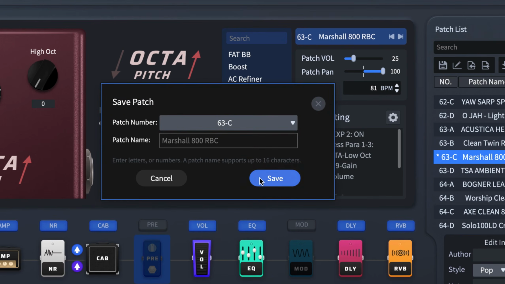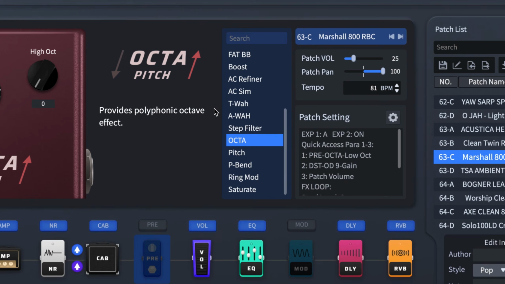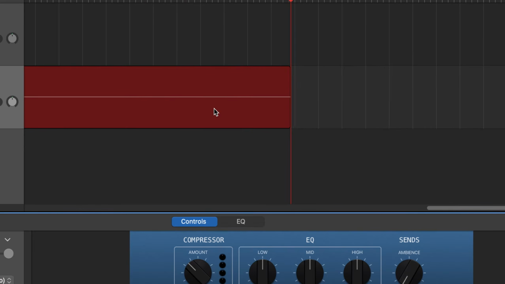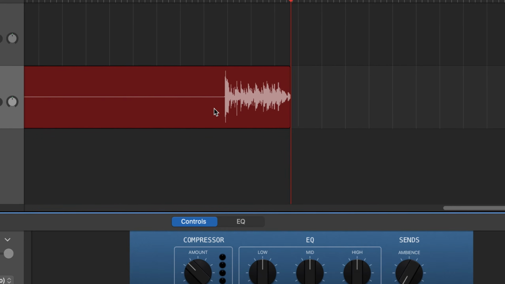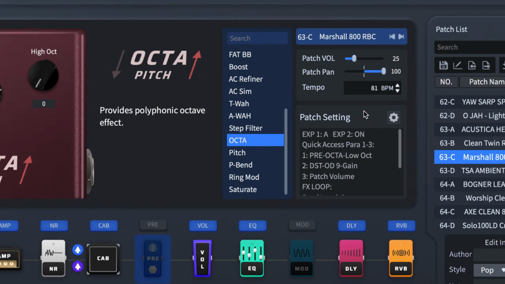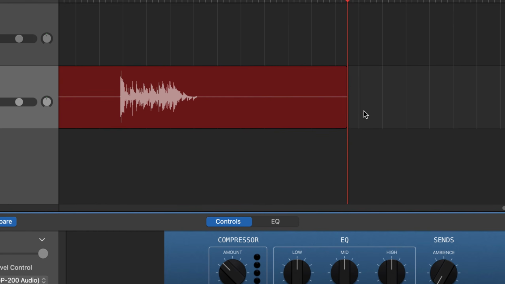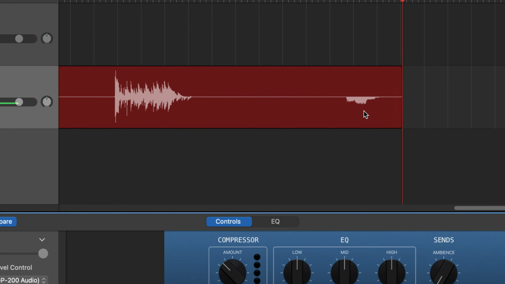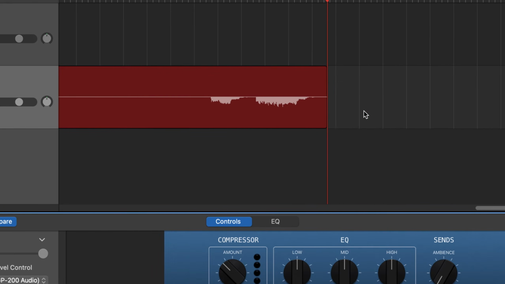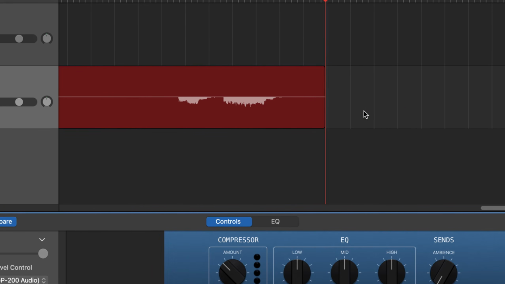If I were to save this and then change this to a clean, and let's say I moved from that particular clean to my Marshall tone. Let me turn on the octave. So it just records the right only.